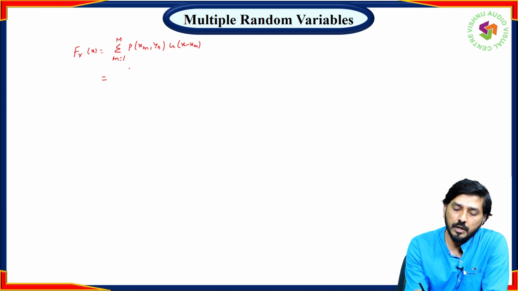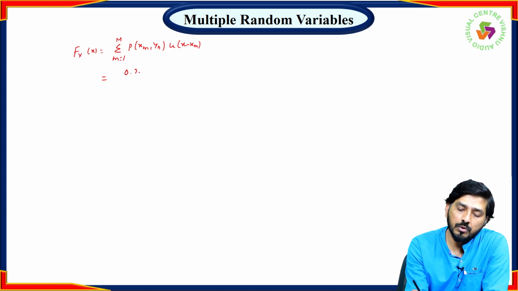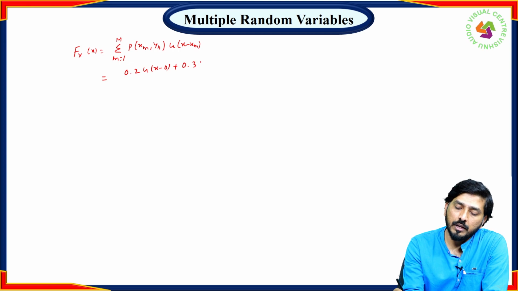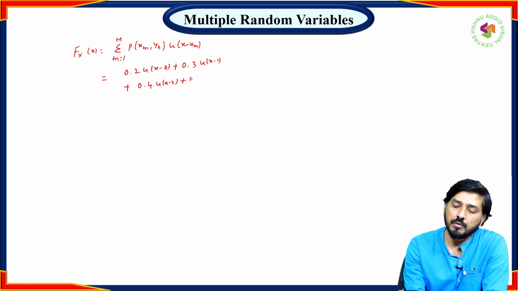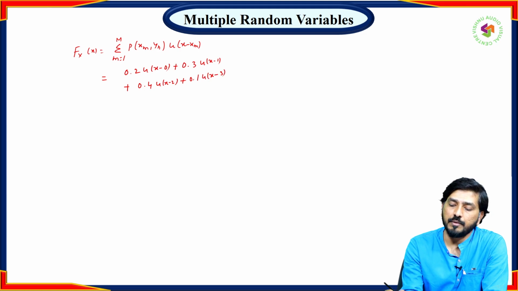So here I am substituting those values: 0.2 u of x minus 0 plus 0.3 u of x minus 1 plus 0.4 u of x minus 2 plus 0.1 u of x minus 3.